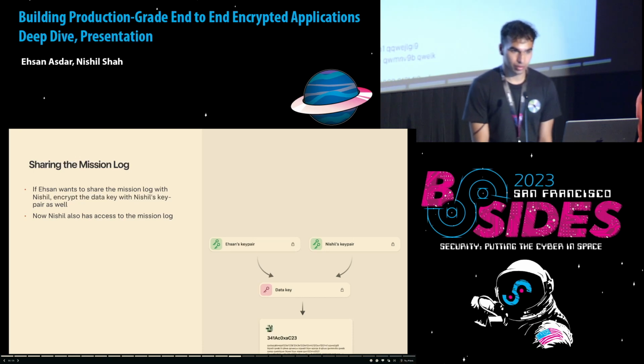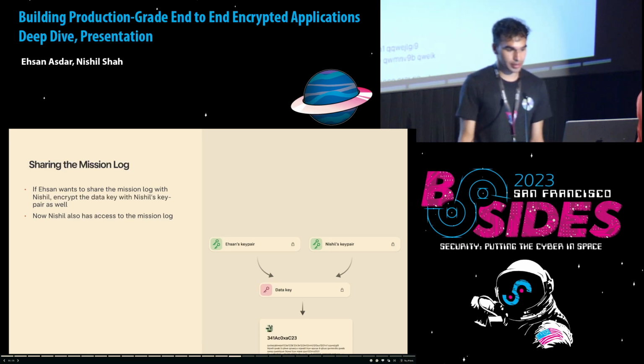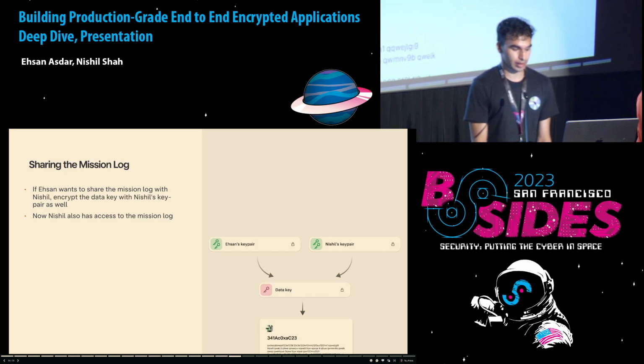One other really cool property of sharing a document in this way is notice that I did not need to re-encrypt the entire document a second time. I only needed to re-encrypt the data key. So it turns out this approach actually scales really, really well when you're sharing with a large number of collaborators, even as a further advantage than just an individual.